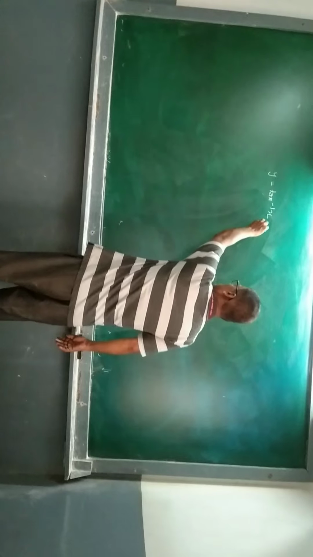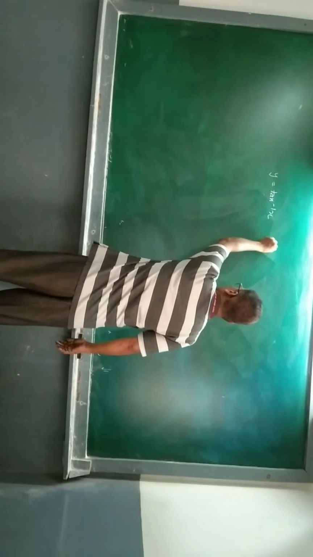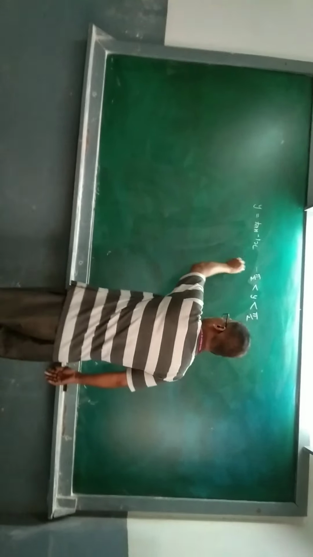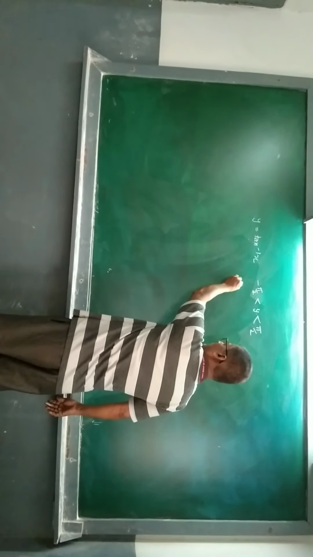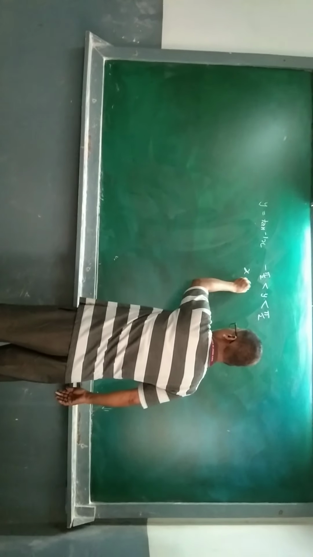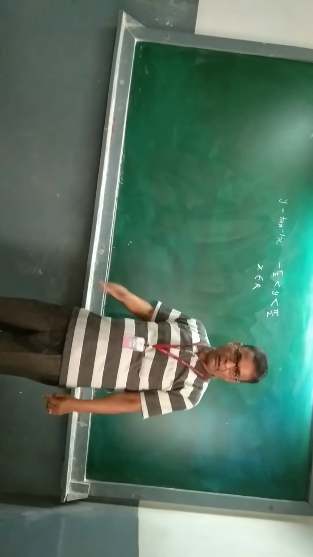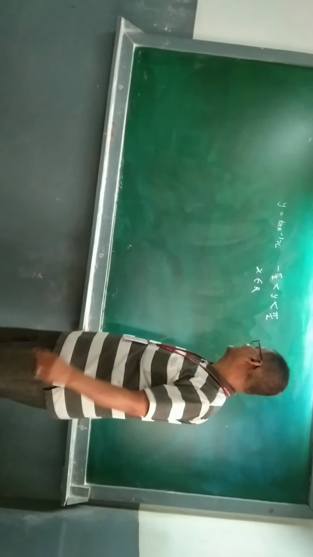The corresponding range of tan inverse is minus pi by 2 less than y less than pi by 2, and x belongs to real, because if y is pi by 2 we cannot define the value. So x belongs to real.